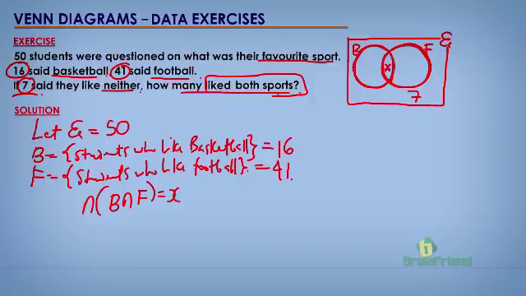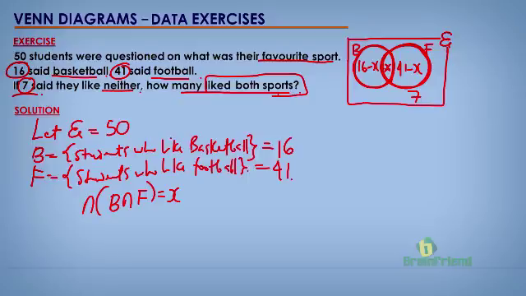Those that like basketball alone, therefore, would be 16 minus X. And those that like football, exclusive of those that like both football and basketball, will be 41 minus X. So we have our Venn diagram.